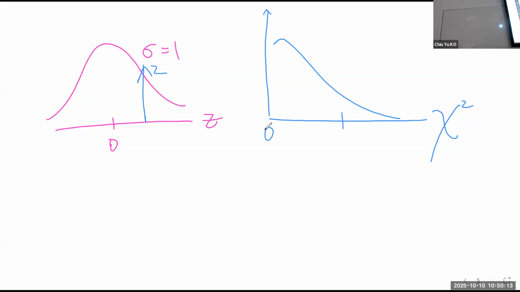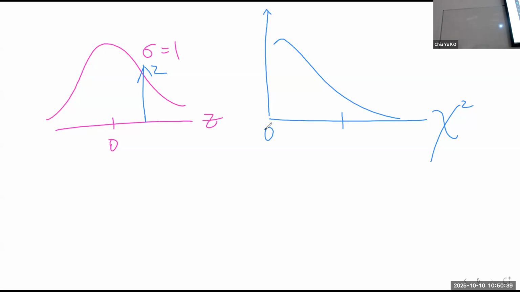Because of the square, it must be positive, right? So chi-square is from 0 to infinity. There's no negative. And you ask, what is this one? Chi-square, as we'll talk about later, is the distribution of the sample variance. The sample variance will follow a chi-square. We'll talk about this a little bit more.